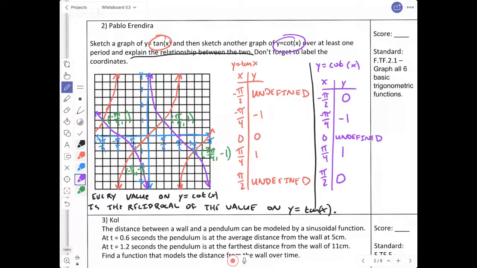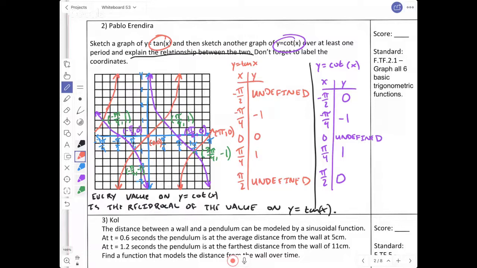And then the points that are only on this curve, I've got negative pi over 2 comma 0, and pi over 2 comma 0, and then over here I've got 0, 0 and pi, 0.